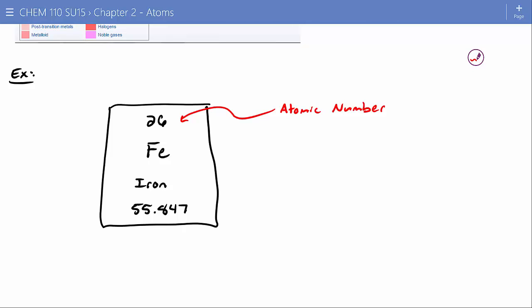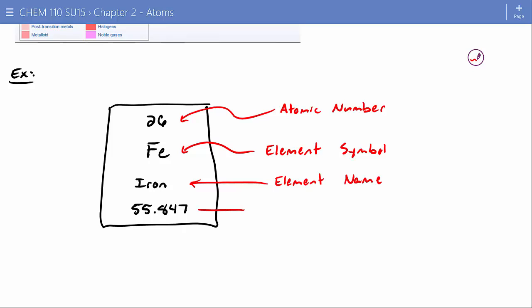Fe is just the element symbol. Iron is obviously the element name. And what do you guys think that bottom number is? Yeah, it's the mass of our atom.